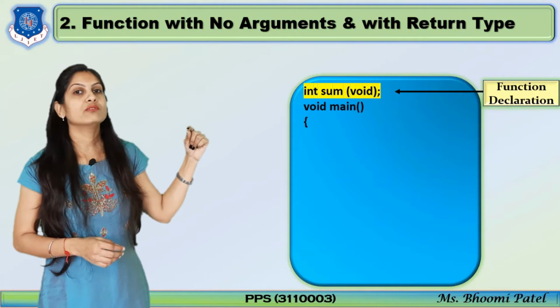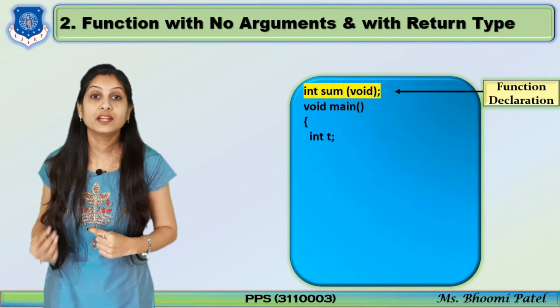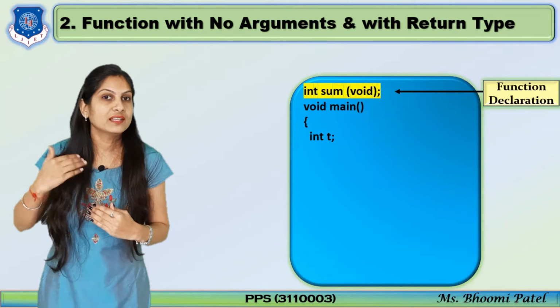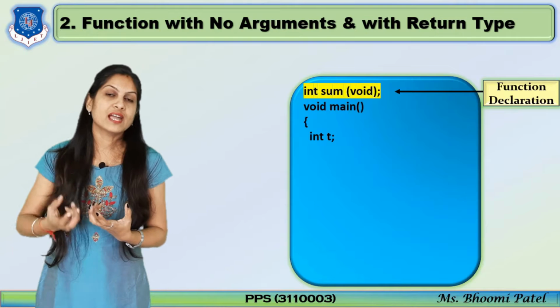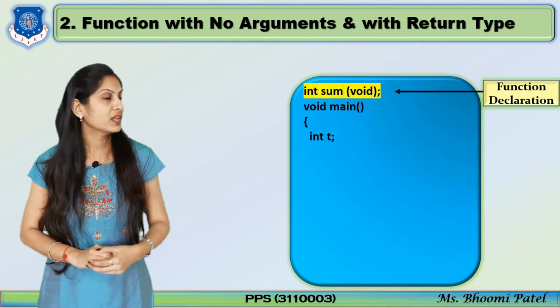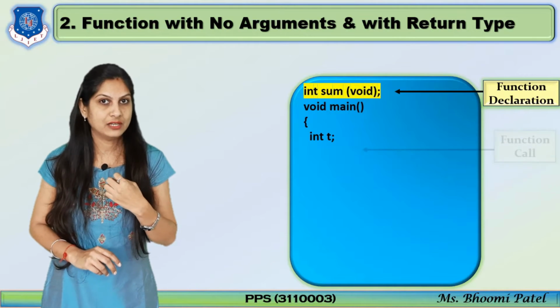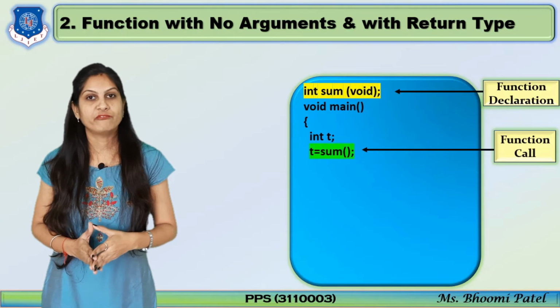Then inside void main we have to write int t. Why? Because when we call this function in our void main, it returns something, and that return value we have to store in a particular variable. So here I am writing int t for storing the return value, and t = sum().